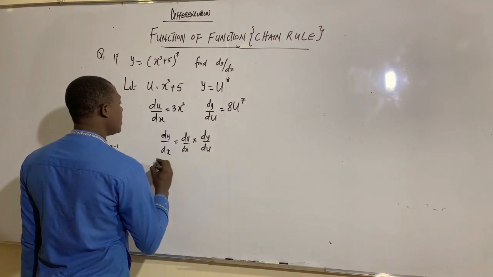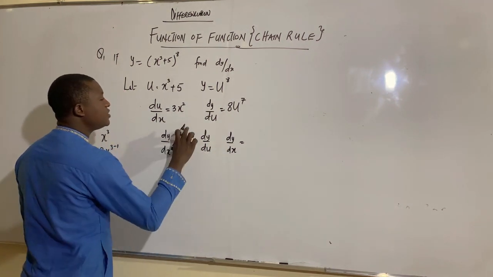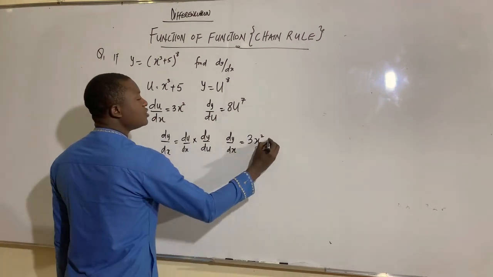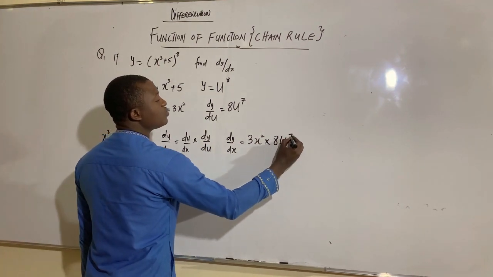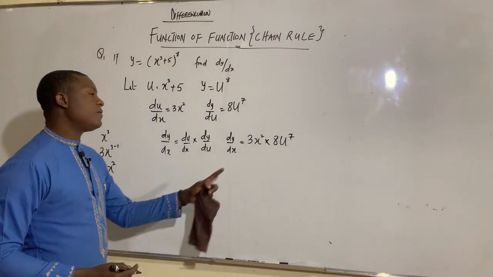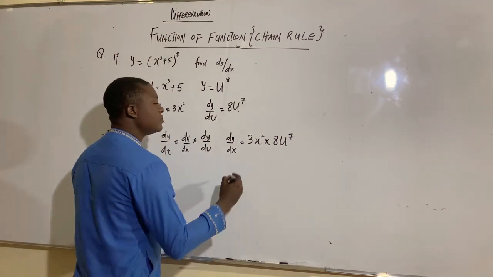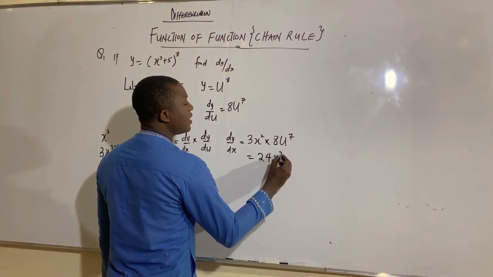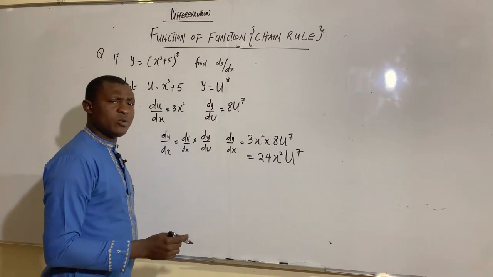So here I will have dy dx is equal to our du dx, which is 3x squared, multiplied by our dy du, which is 8u raised to the power of 7. You can see I have the first result, I have the second result, so I want to multiply them together. So 3 times 8, that's going to be 24x squared, then u raised to the power of 7. I hope you are following, right?